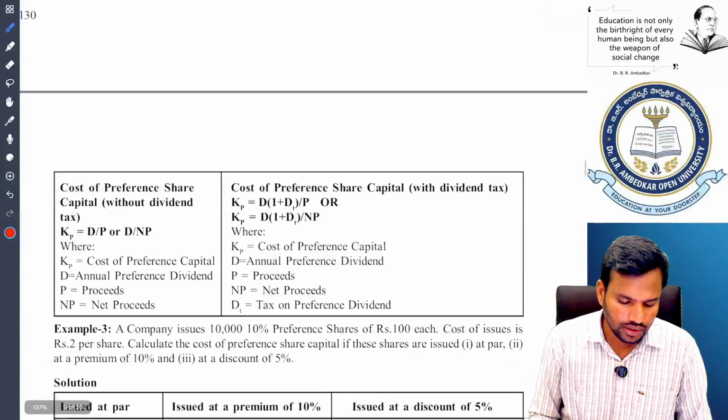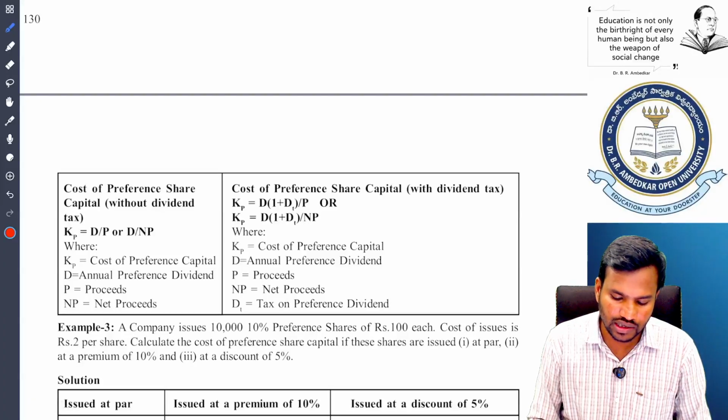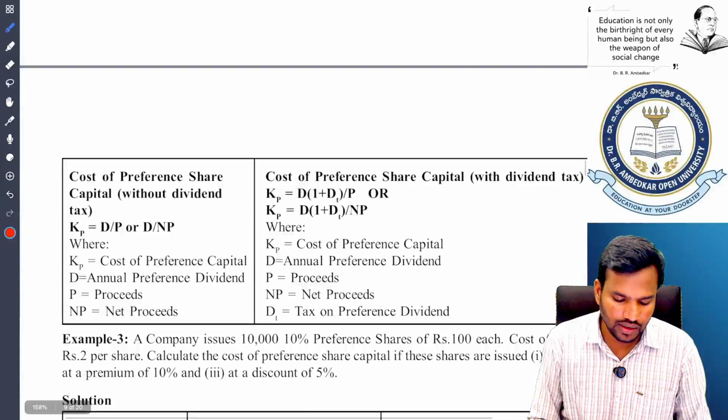Cost of preference share capital without dividend tax and with dividend tax.